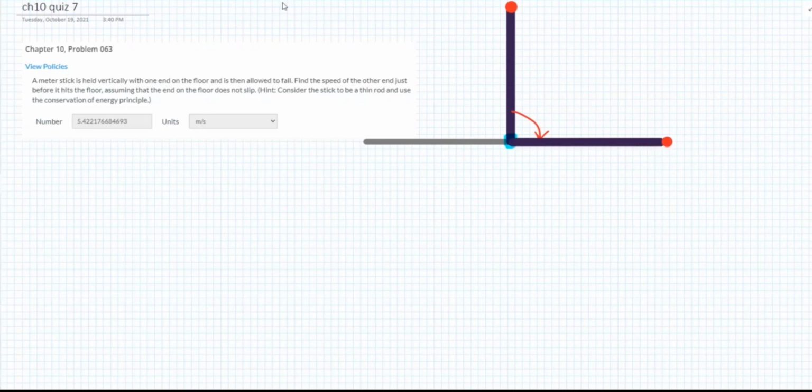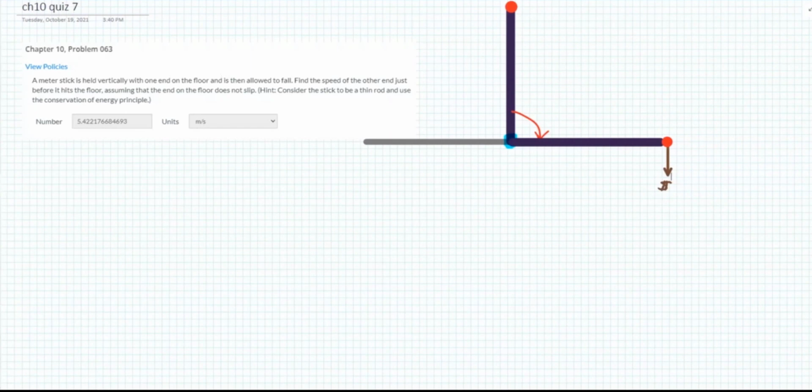This is the velocity we need to find, the velocity with which it runs into the floor. What is that velocity? It says to use the conservation of energy principle, and it gives another hint: consider the stick to be a thin rod.